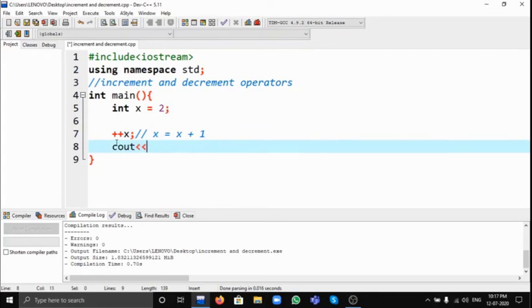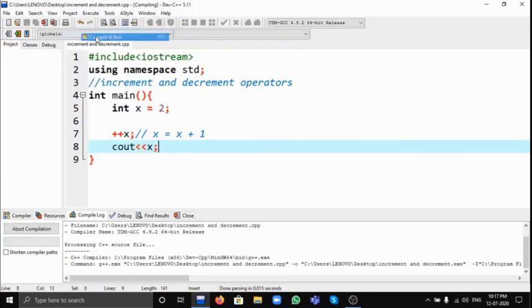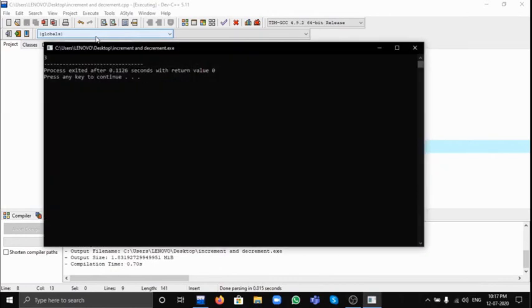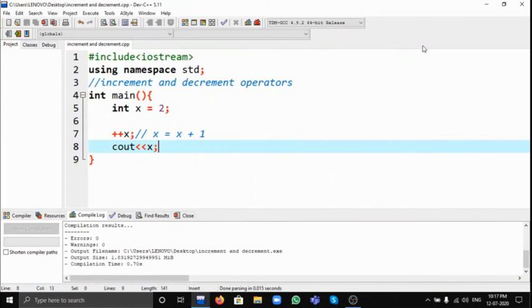Now, what will the value of x be? Will it be the same or will it be different? Let's check it out. Okay, it's the same. It was just as before, right? Does that mean that ++x is equal to x++?